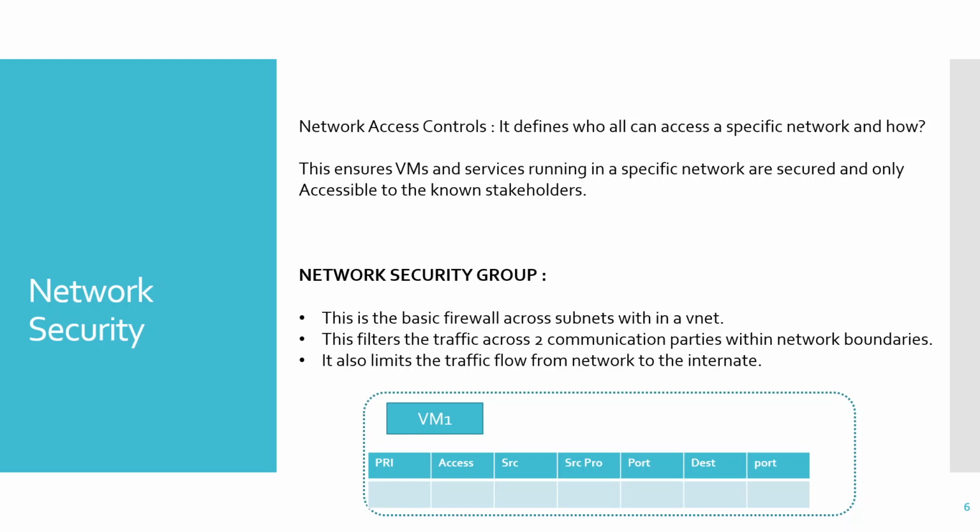Now within that we will discuss a few different capabilities within a network, and we'll start with network security group. A network security group is the basic firewall across subnets within a VNet. VNet stands for virtual network.